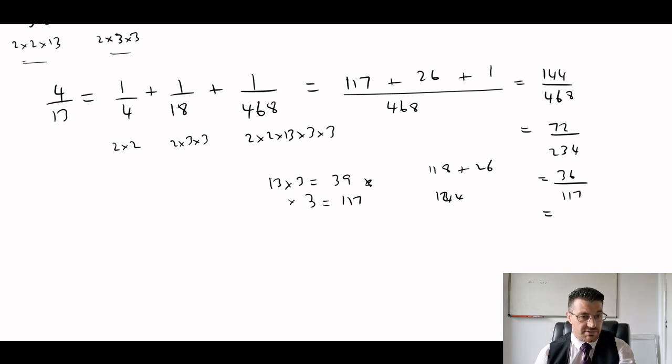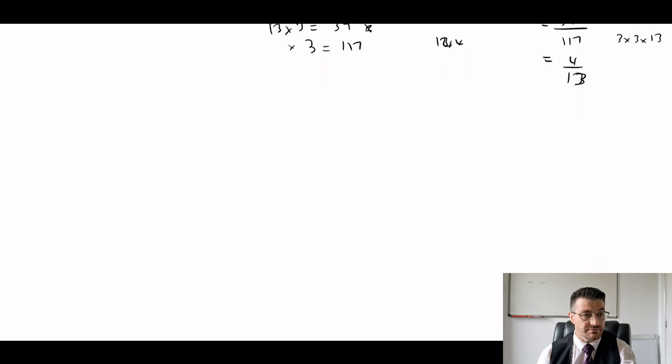What does that cancel down to? Yeah, it cancels down by 9. 4 over 13. Now, of course, I don't need to check if I don't want to. But I chose to check. Okay. If you don't want to check, don't check.